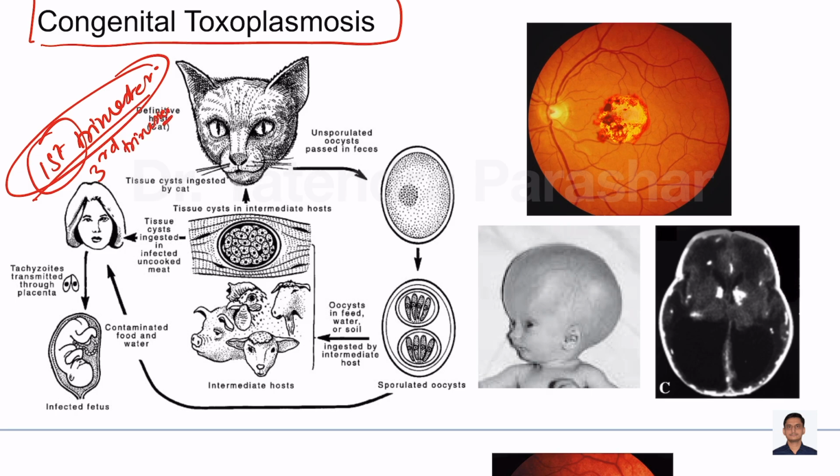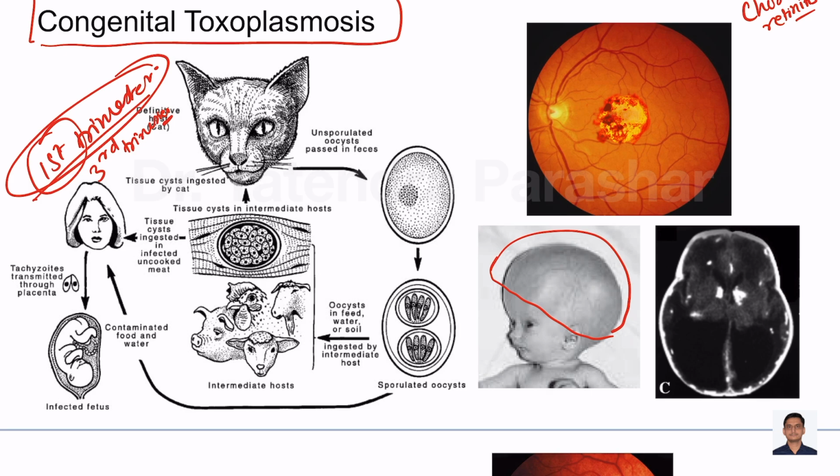The classical triad includes chorioretinitis, that is inflammation of the chorion and retina. Second is hydrocephalus. Look at this head, it is enlarged in size due to the accumulation of fluid in the ventricular spaces and arachnoid spaces.